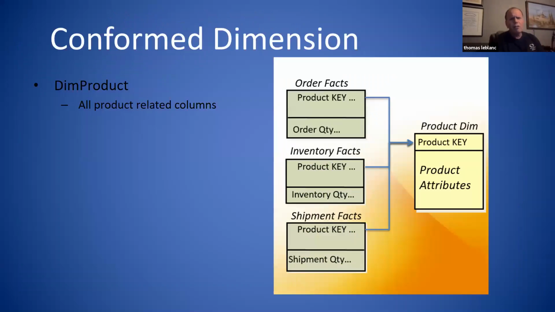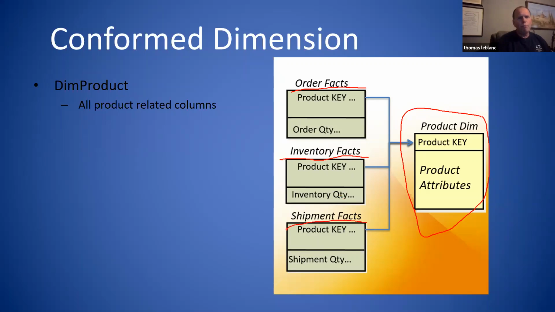And so along comes dimensional modeling. You're moving your data, hopefully incrementally, out of your transaction database and into a dimensional model. And the common thing is what's called a conformed dimension. So now my product dimension over here is going to be related to many things: facts for the order, facts for the inventory, and facts for the shipment.